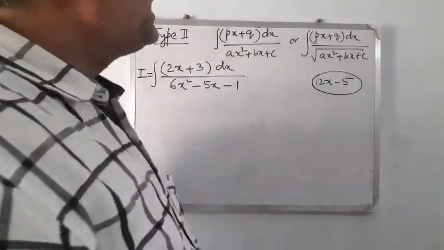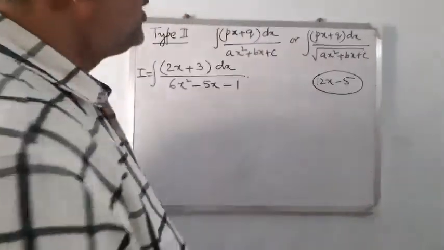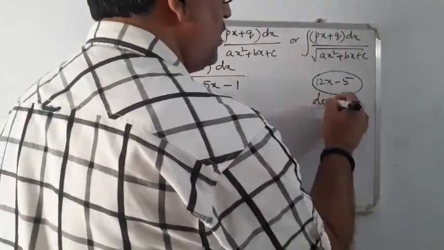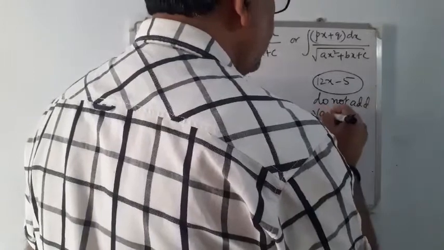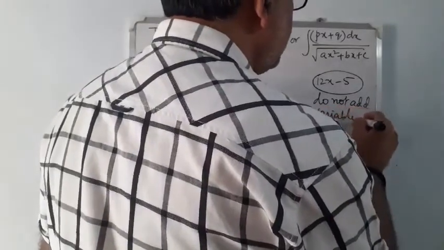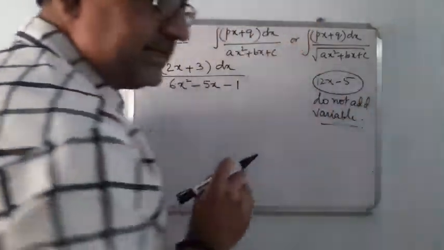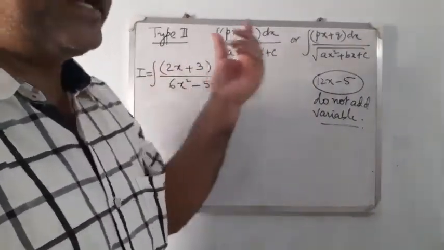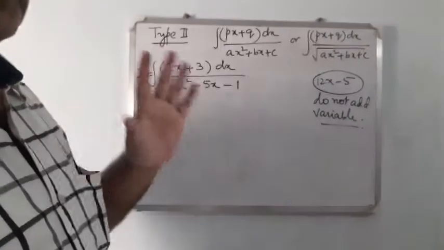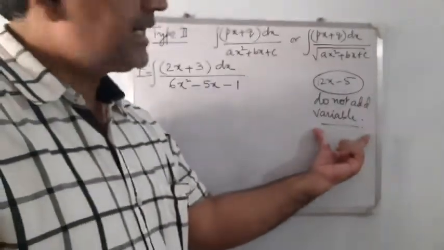But there is a restriction. What restriction? Do not add variable. You can't add variable to match it with 12x. That is, if we have 2x, do not try to add 10x and then subtract 10x so that you will get 12x. No, you can't do that.